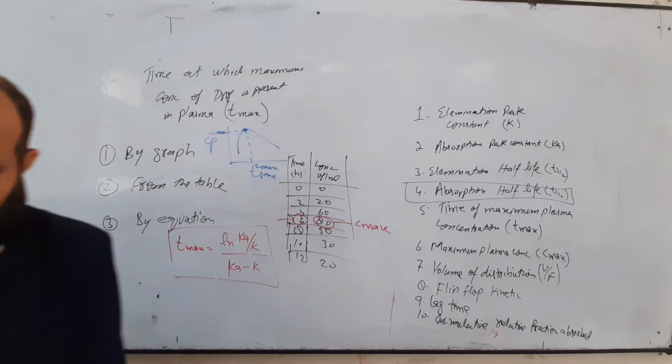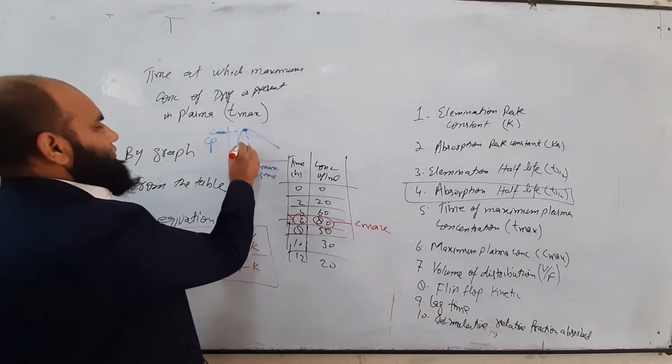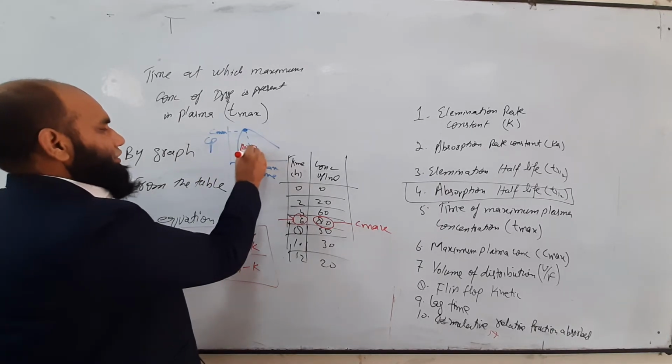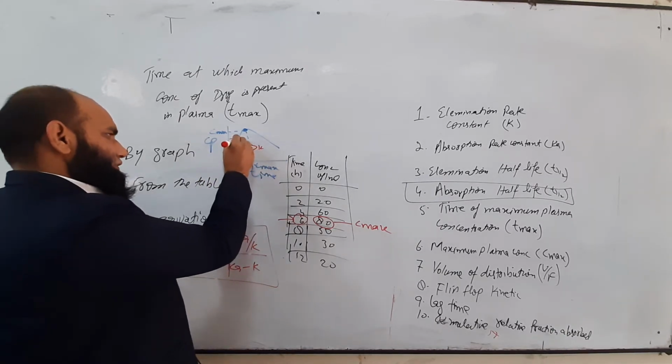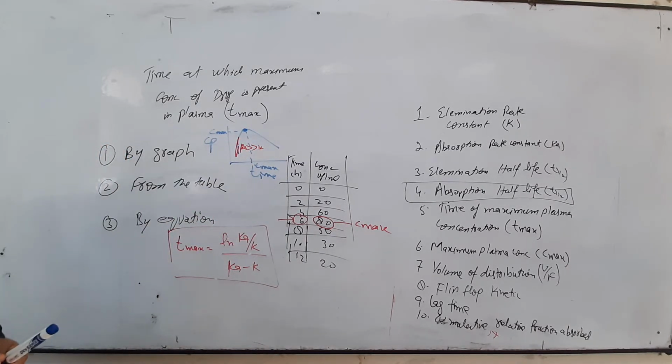This formula can be derived by a simple concept, according to our theoretical concept. What are we saying? We are saying here that the rate constant Ka is much greater than K at this stage, because the absorption rate constant is maximum and the elimination rate constant is minimum.